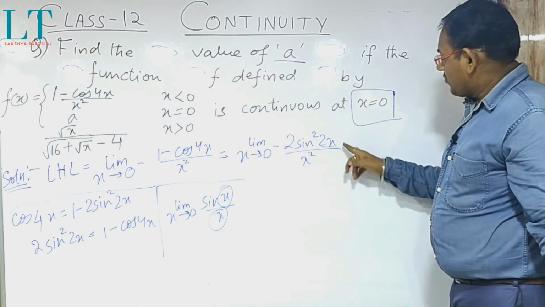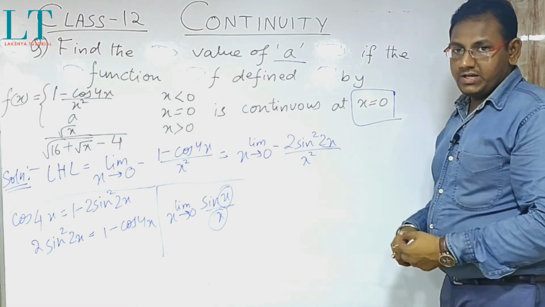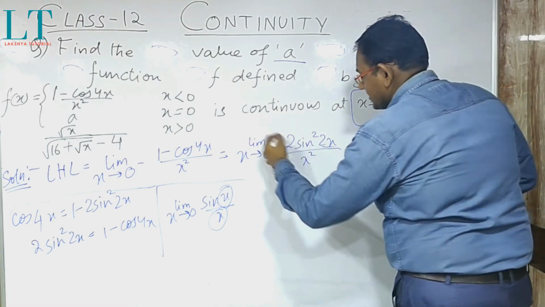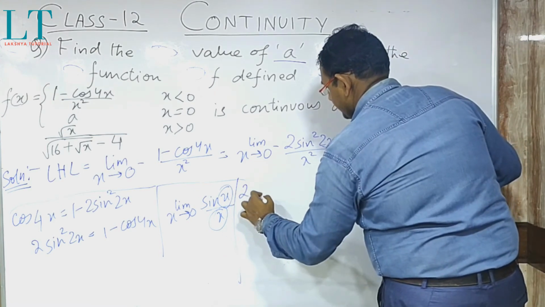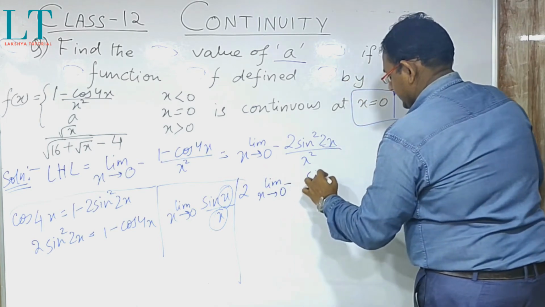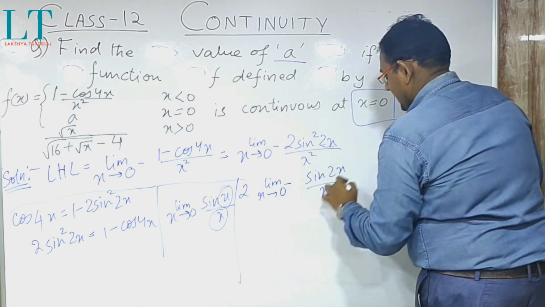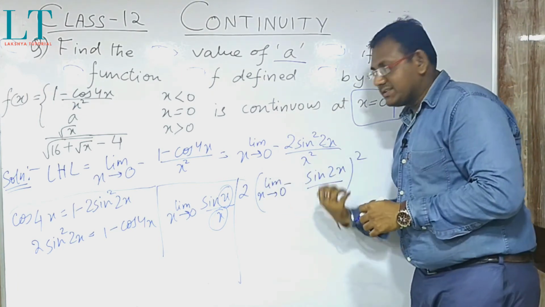Now if we have coefficient 2, so over here also we need to have 2. Now first thing is to take this constant outside the limit. So this becomes 2 times x tends to 0 negative limit sine 2x by x whole square. So we are taking this entire limit inside the square.